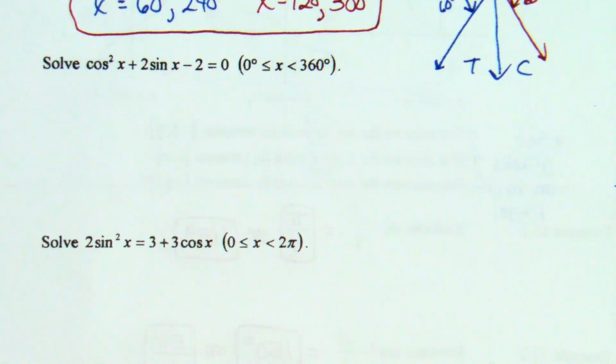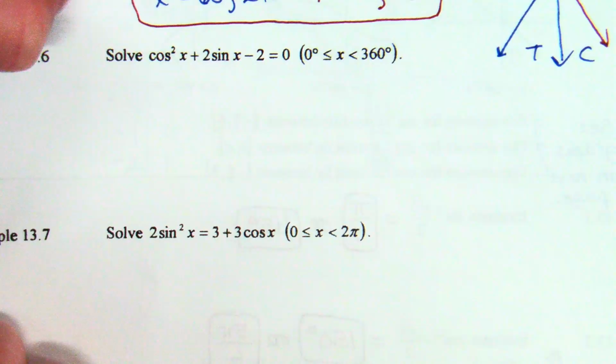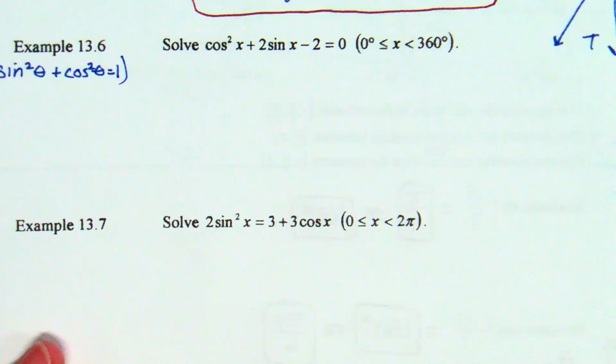So sine squared plus cosine squared. Yeah. So we're going to use, and I'm just writing it out here so you remember, the identity that sine squared theta plus cosine squared theta equals 1.